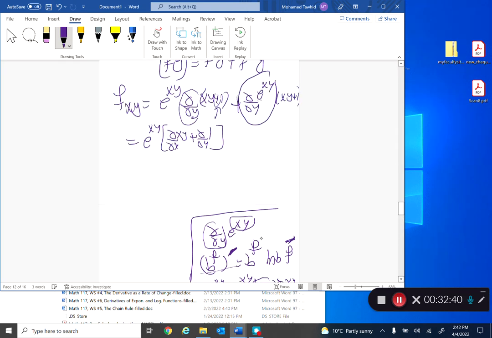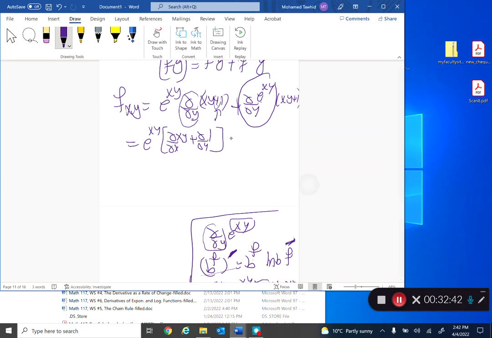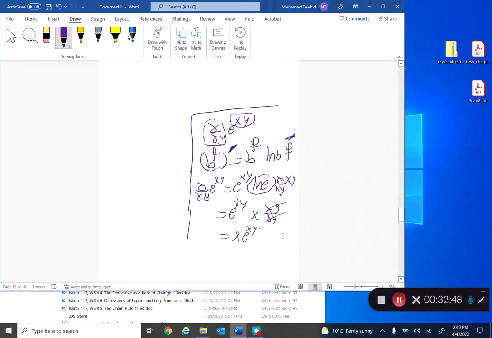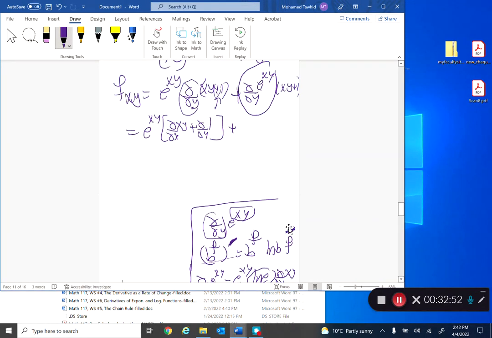So if I go back here, applying the rules, what is the derivative of e to the power xy with respect to y? I just copy from here, which is x e to the power xy. So I have to copy this x e to the power xy, and here multiply by xy plus 1. So now, what is the derivative of 1? 0, because it's a constant.